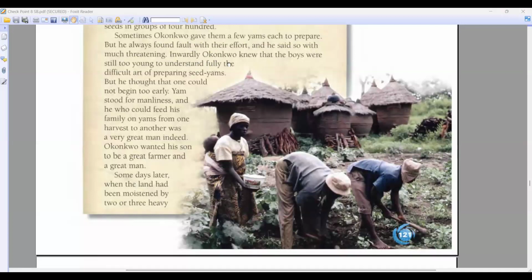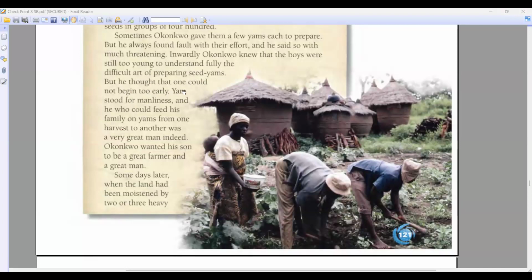Inwardly, Okonkwo knew that the boys were still too young to understand fully the difficult art of preparing seed yams. So it means that he thinks his sons were still young to decide which yam is good and which yam is not suitable.